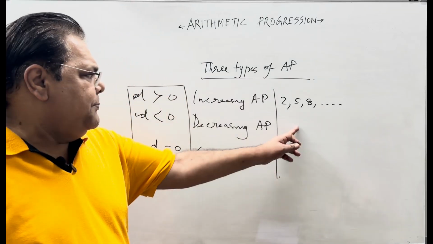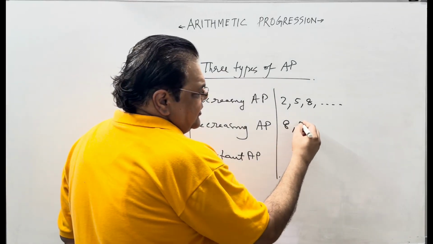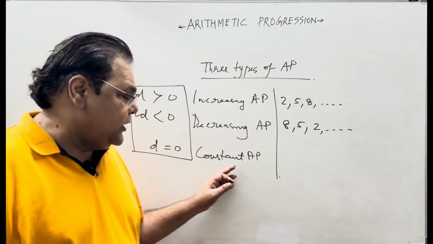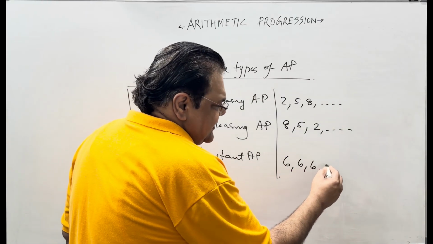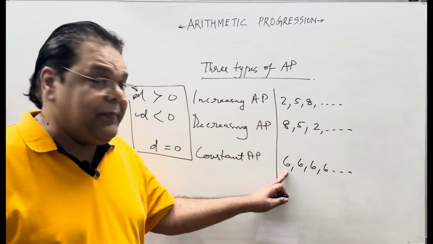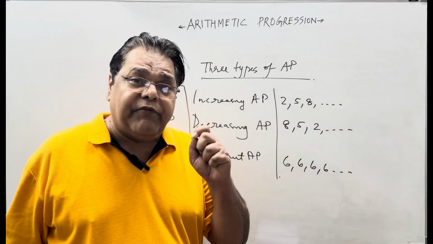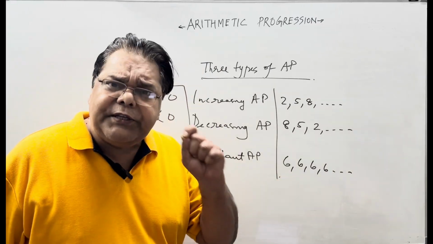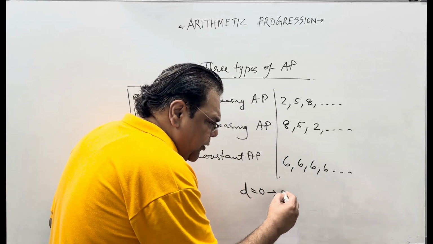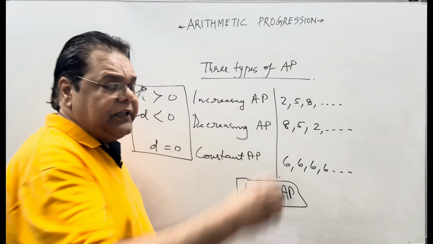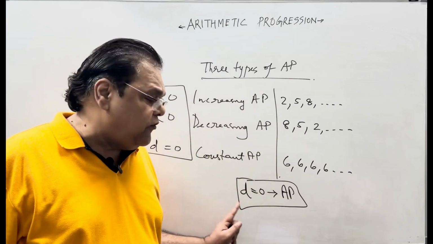So you can put an example here, like it can be 8, 5, 2, and in constant AP, you can take one example, 6, 6, 6, 6. The first term is 6. The common difference is 0. Please remember, d equal to 0 is also an AP. This is very important from exam point of view.